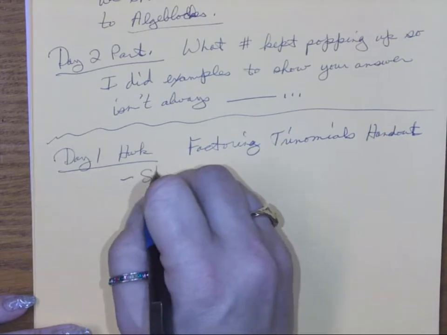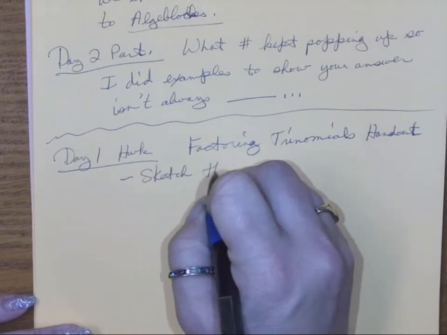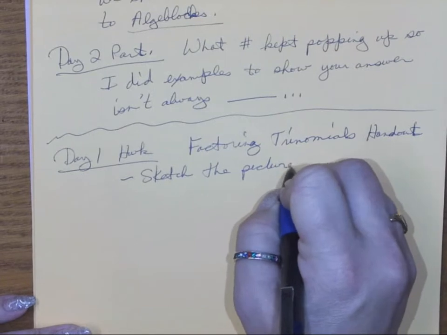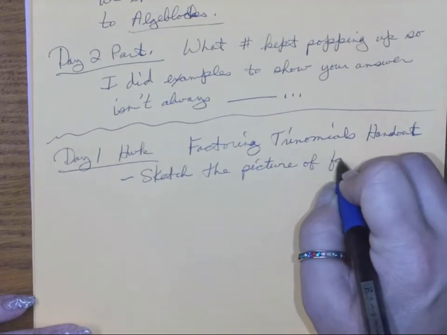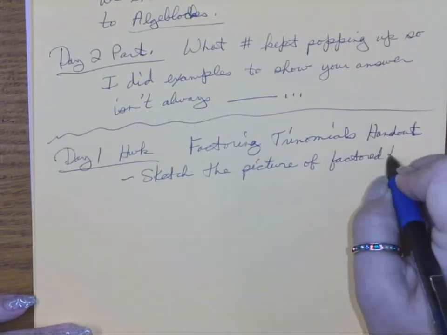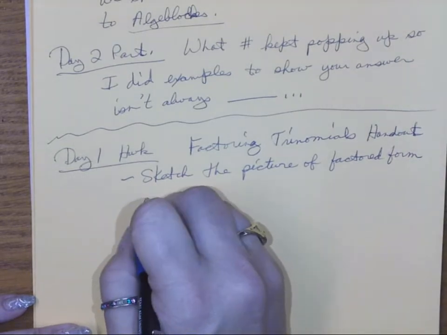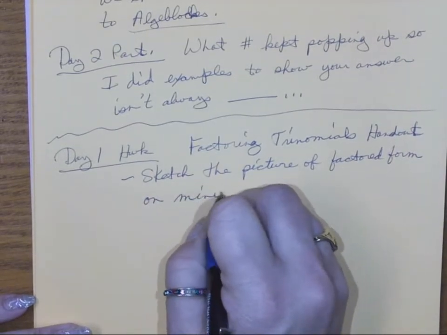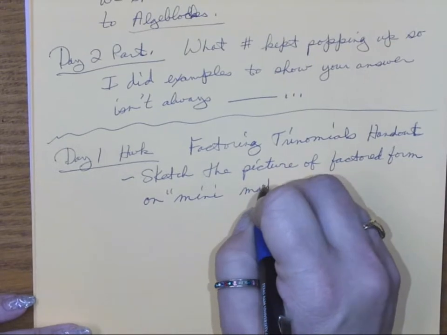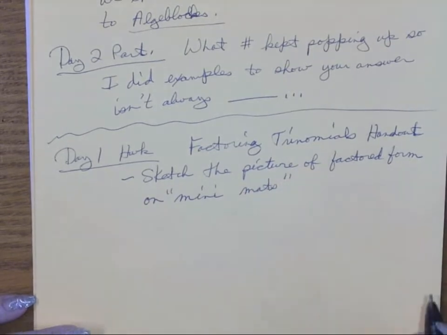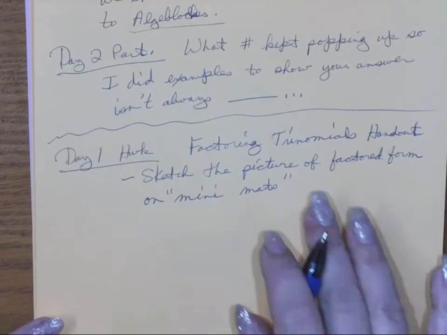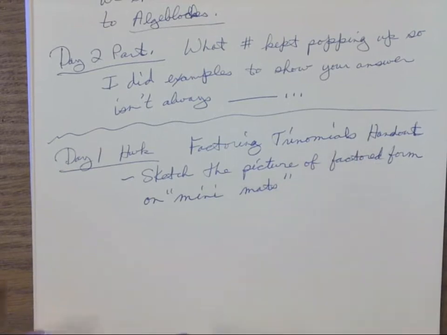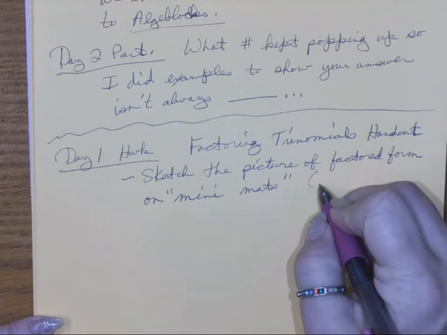Remember that you're going to sketch the picture of the factored form. You don't have to show me all your steps, just the final factored form on the mini mats. I've put those in on 2 weeks now, I think, so they'll be uploaded. You'll see them there, or go back to the last week or two and find them. We've used them before, so sketch the pictures of the factored forms for just the ones that are circled in red.